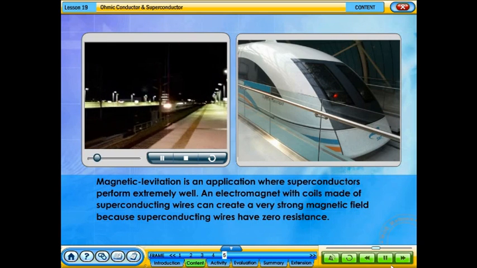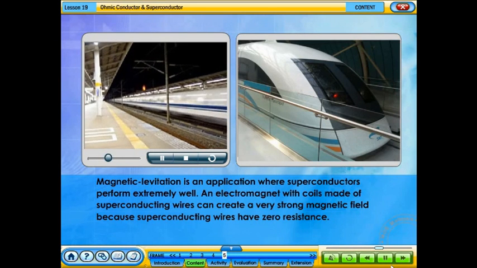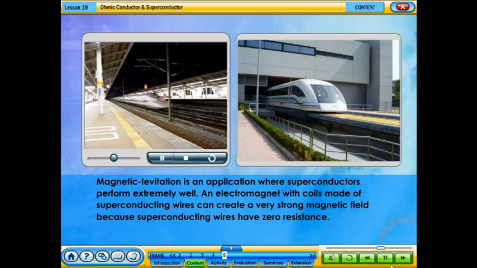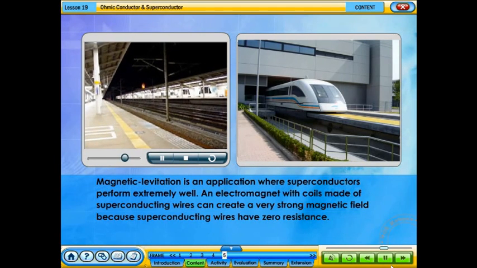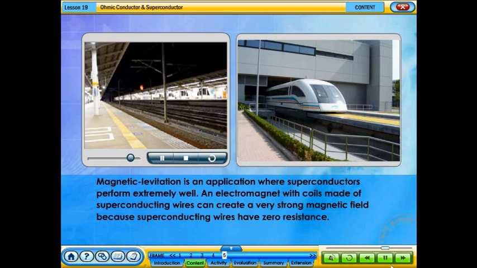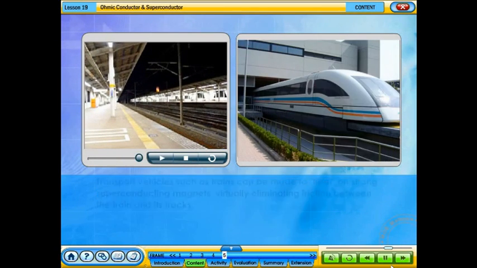Magnetic levitation is an application where superconductors perform extremely well. An electromagnet with coils made of superconducting wires can create a very strong magnetic field, because superconducting wires have zero resistance.